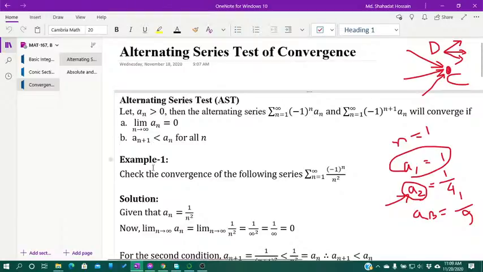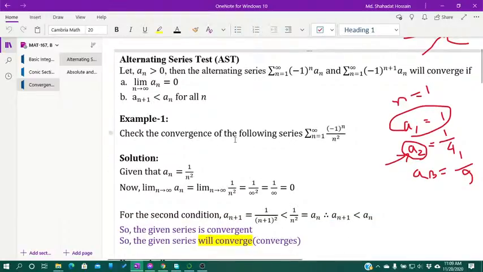For example, check the convergence of the following series, summation n equals 1 up to infinity of minus 1 to the power n by n square. Now if I compare this series with the definition, we can write that an equals 1 by n square.